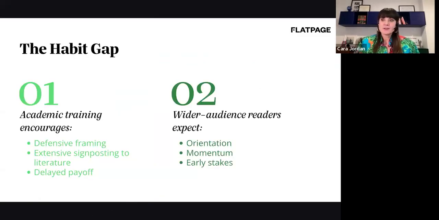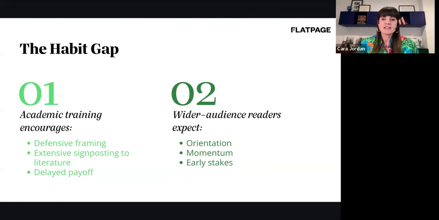I want to slow down here a little bit because each of these bullets reflects those habits that scholars have learned for really good reasons, and how we can shift when we're writing for wider audiences. So let's start with the left-hand side of this slide under number 1. Defensive framing is the habit of anticipating objections before anyone has raised them.